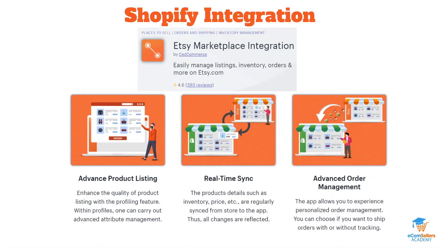Kelly mentioned some tools for listing on multiple platforms, it's called multi-channel. If you're selling on Etsy, eBay, Shopify and whatever other platforms, using tools will help you. But Shopify has some built-in integration tools that are available to you.